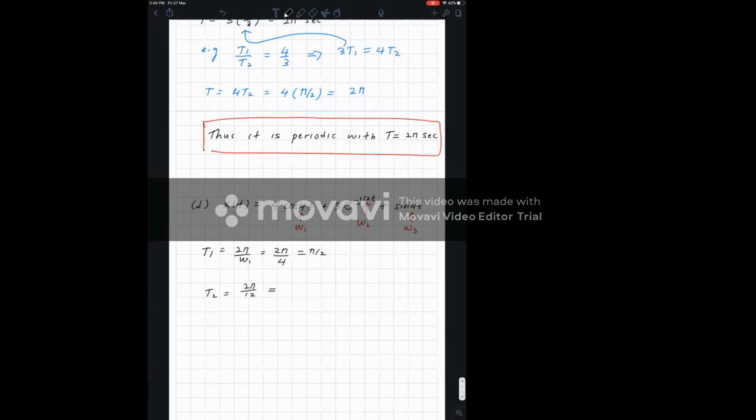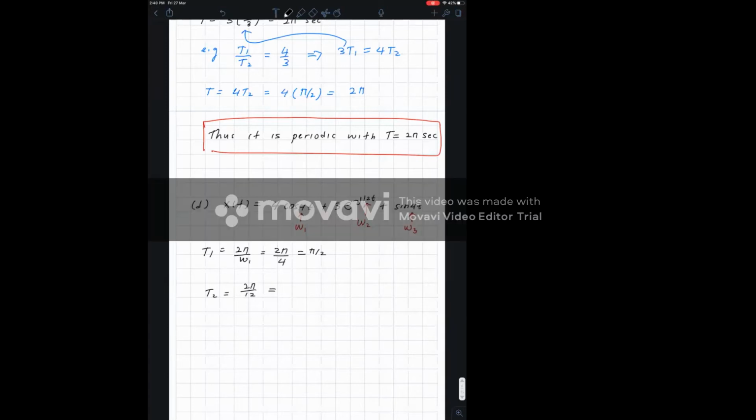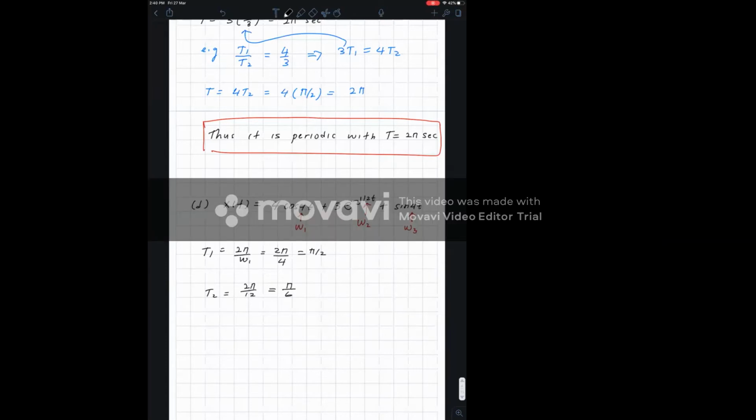We don't need to find the period of the third, because omega 1 and omega 3 are the same, so it's also T3. So we only have to compare two of them, T1 and T2.